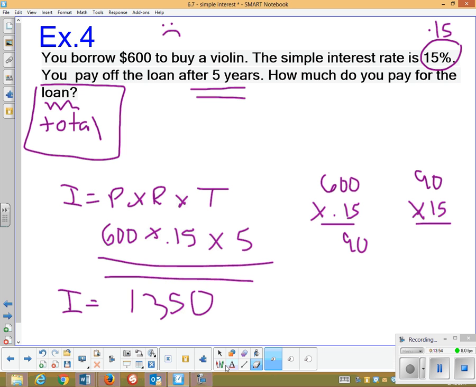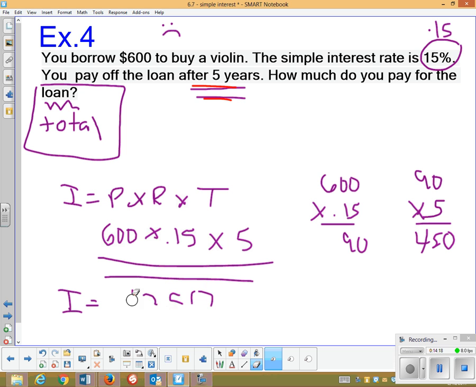T is actually 5 years, so I have the 5 years wrong. So I'm just going to go ahead and change this. This part is okay, the 600 times 0.15, but this is actually going to be 90 times 5. So sorry about that. So 90 times 5 is going to be 450. There we go. So our interest is actually going to be $450.